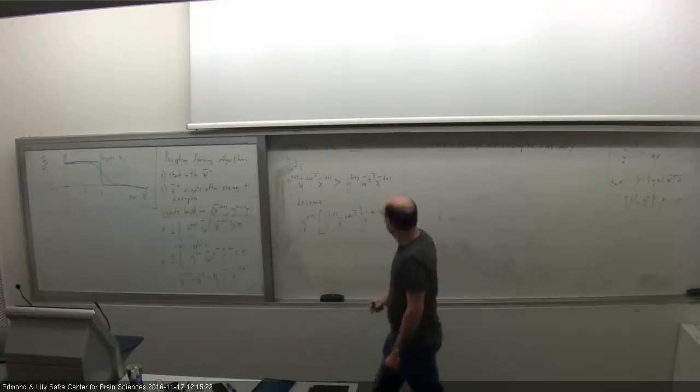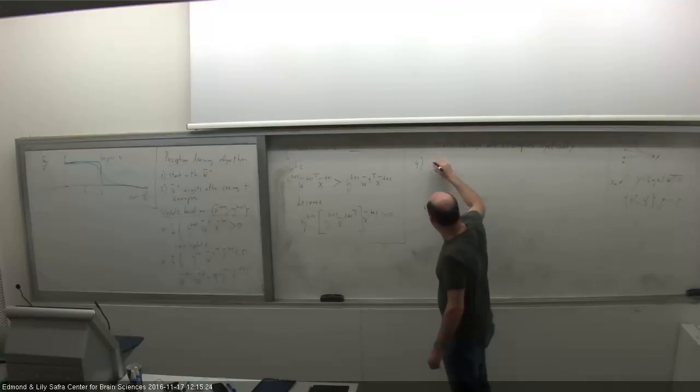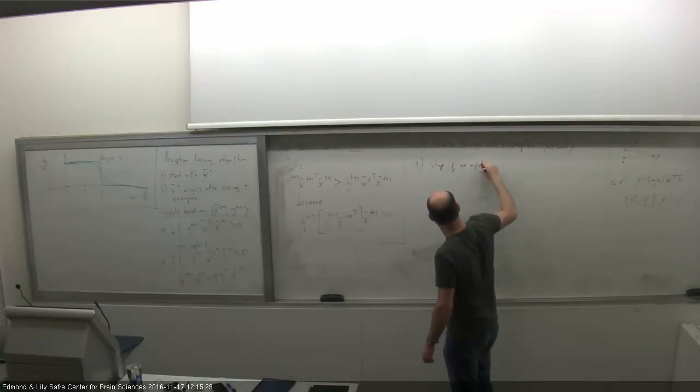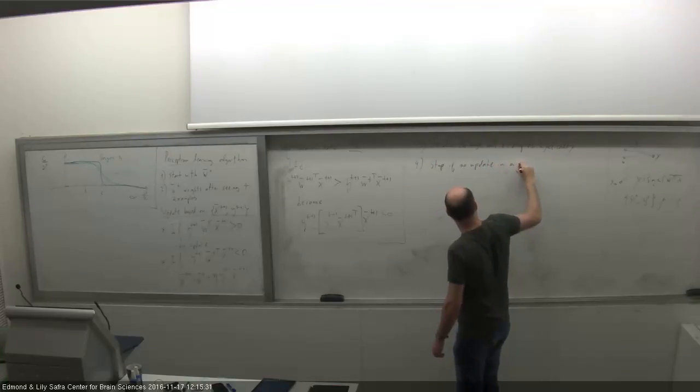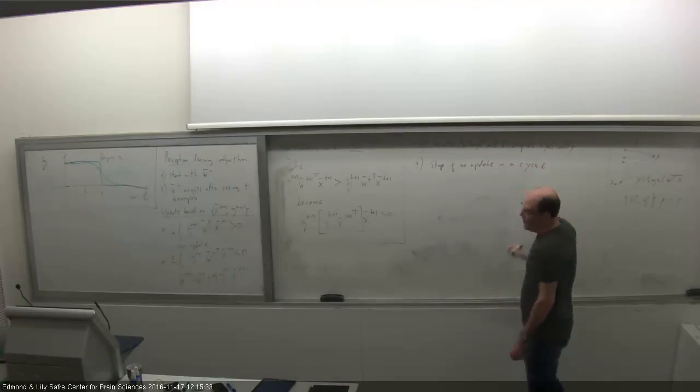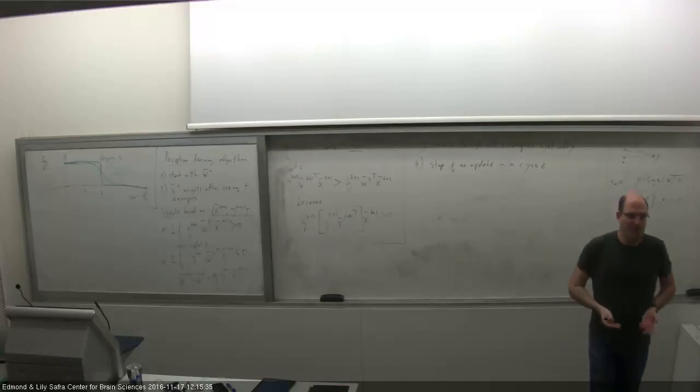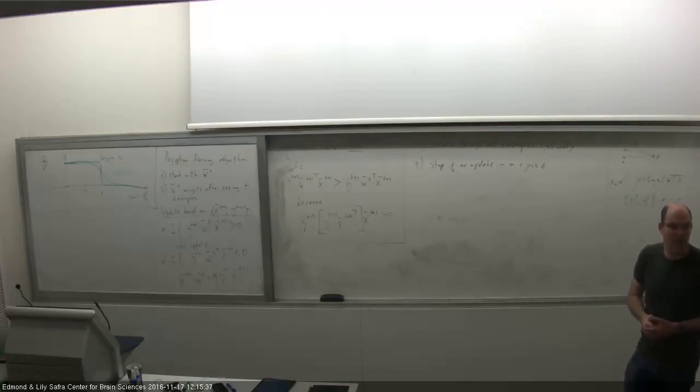And we stop if there is no update in the cycle. If in the full cycle there was no update, it means that we're already classifying everything correctly.